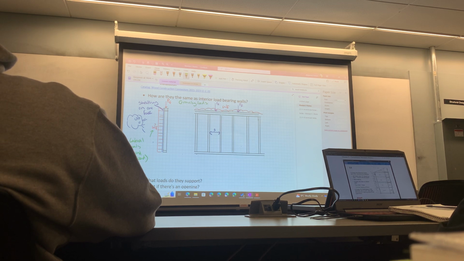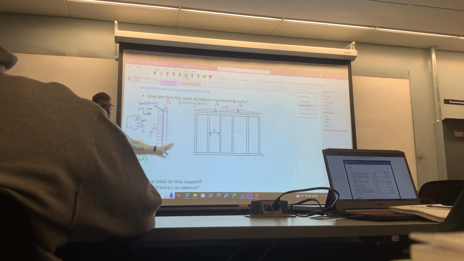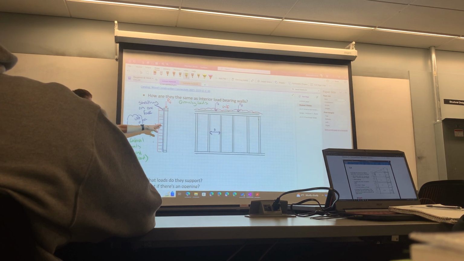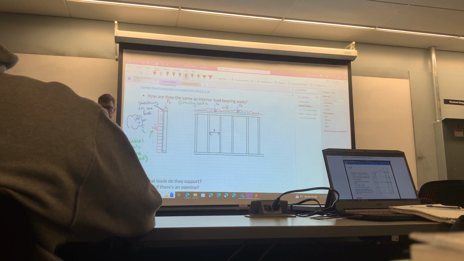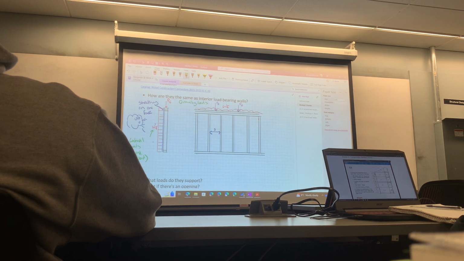Instead of wind load, we could also have soil pressure in the case of foundation walls. We're not really going to do any of that in this class, but you would have soil pushing up against retaining walls too. For now, we're just going to talk about wind load to get the idea.